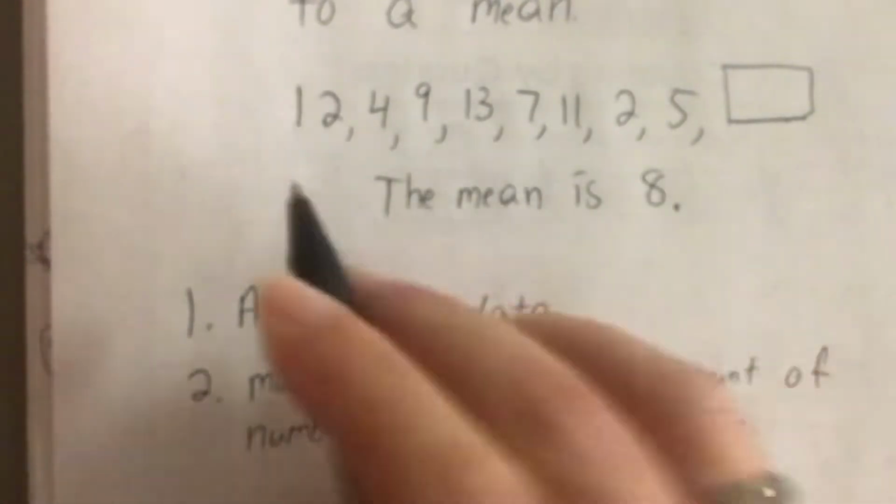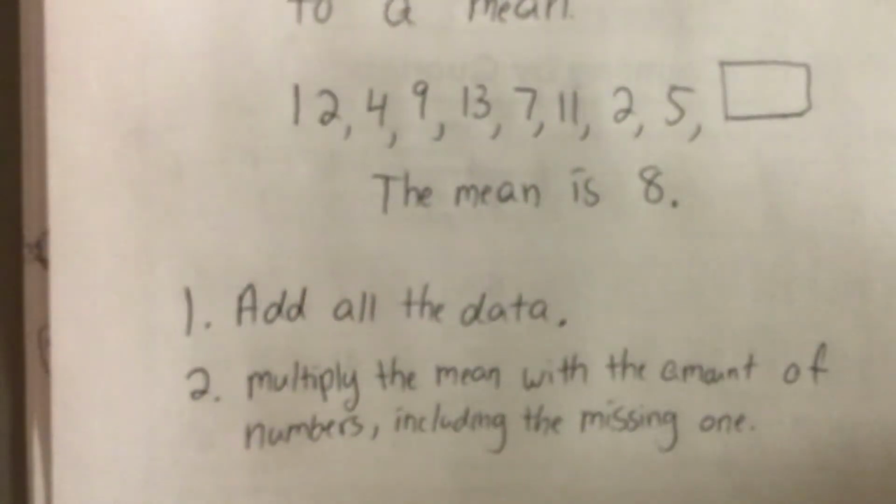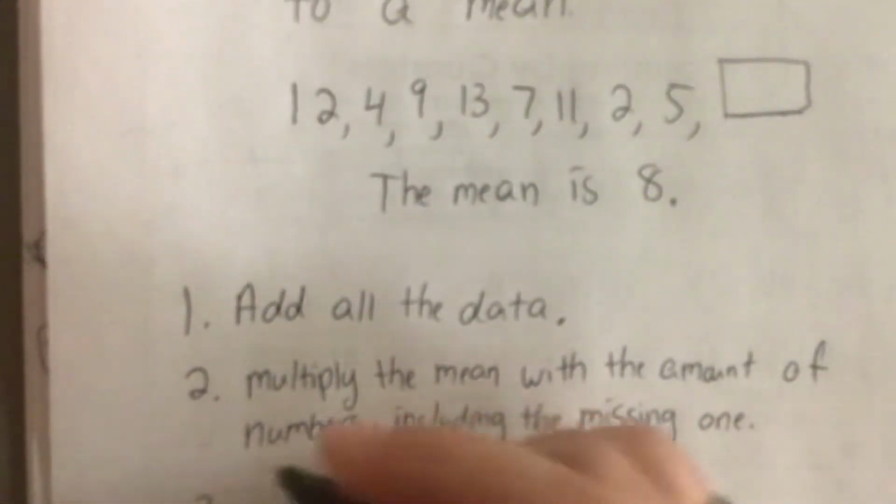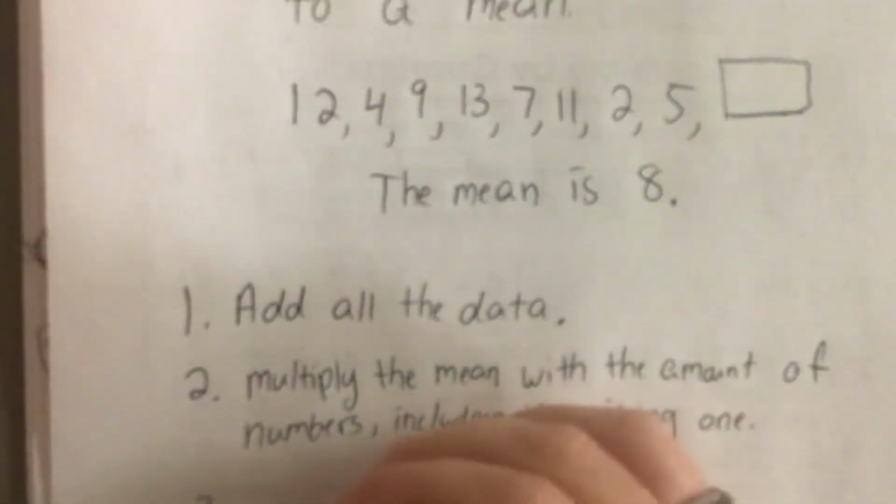So you count these all up, including the missing blank, and you multiply the mean with that number, okay? And then number 3, you subtract those two answers.